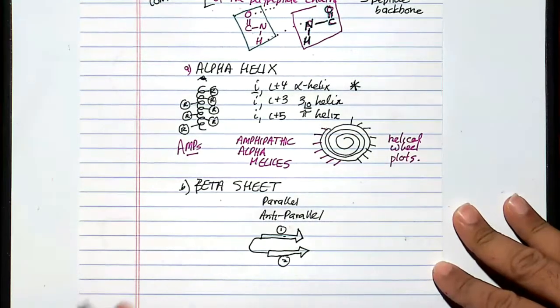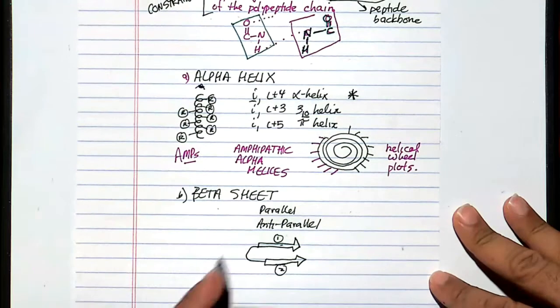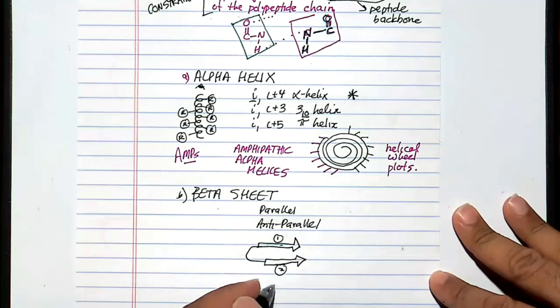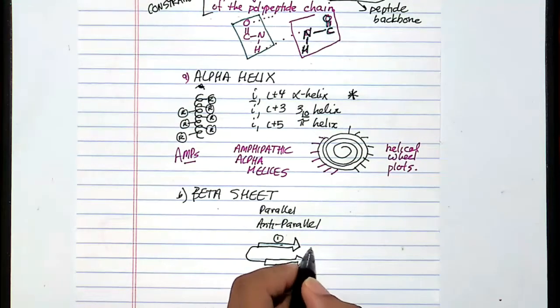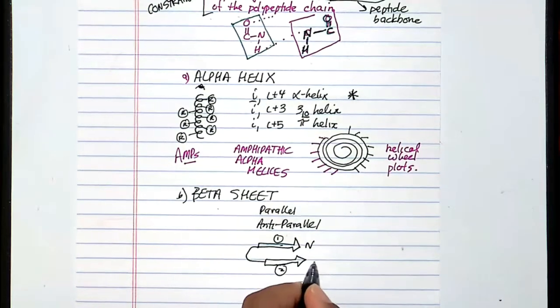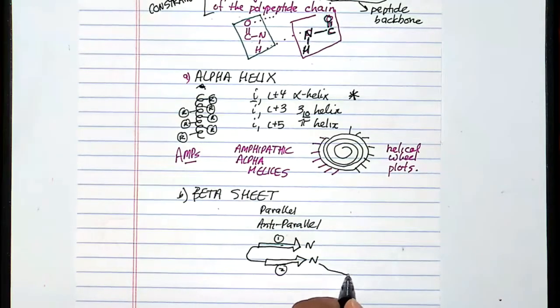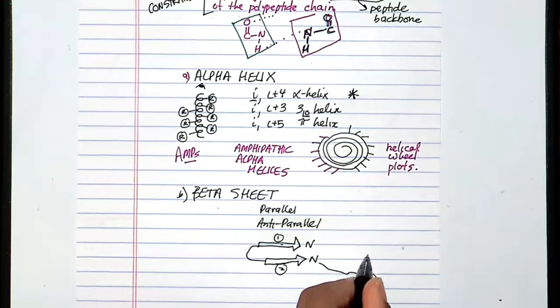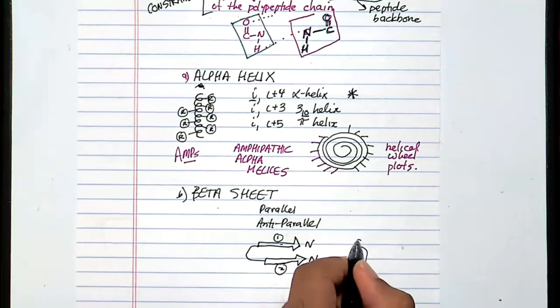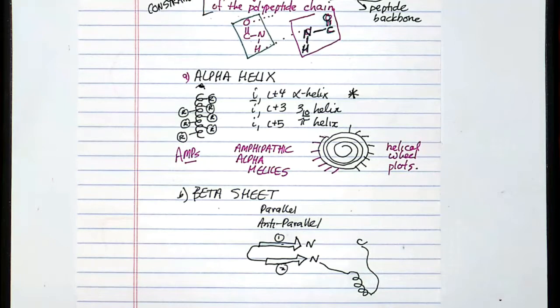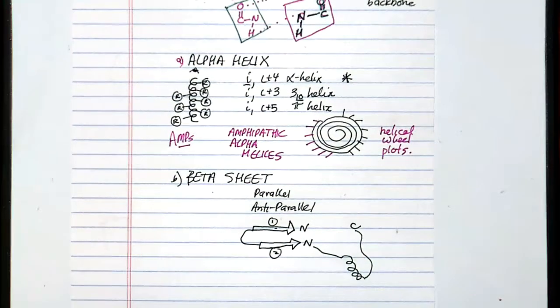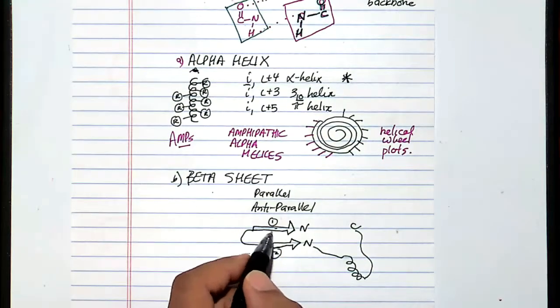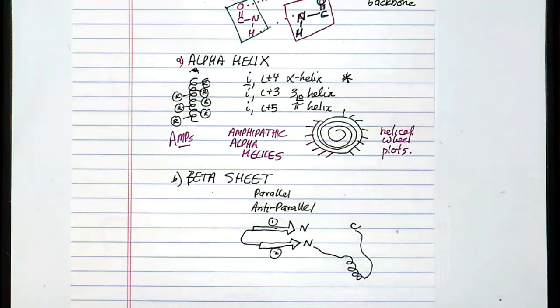They happen to be parallel because the directionality, the polarity, is N to N, and then maybe you'd have an alpha helix here and a random coil here, and then your C terminus ends right here. So this would be what is called a parallel beta sheet.